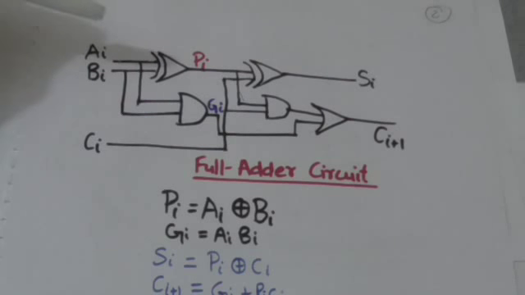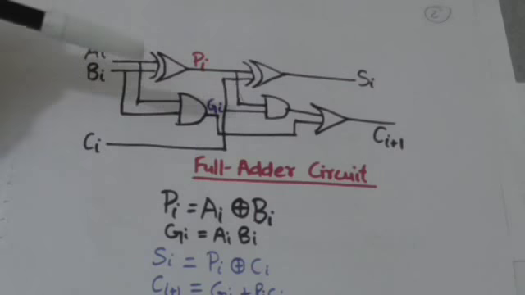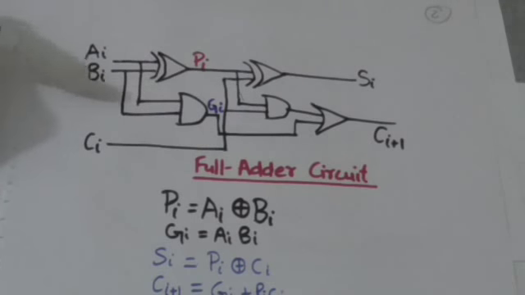Its input carry is Ci, and the input bits to be added are Ai and Bi. Ai and Bi are the ith bits of binary numbers A and B, which are to be added by the binary parallel adder whose ith full adder is this one. This is the full adder of ith stage.